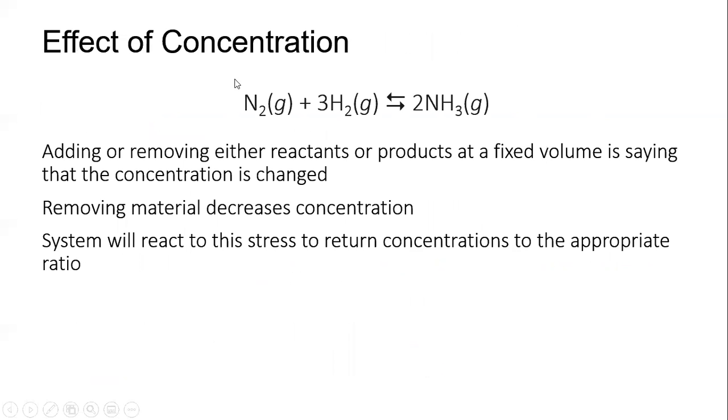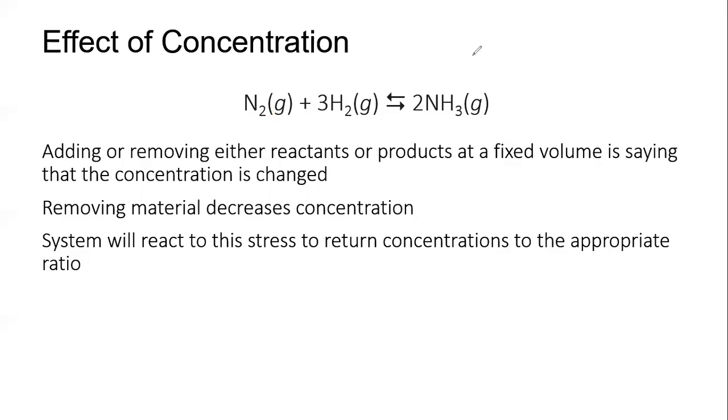Now if we remove reactants or products, we're decreasing the concentration of the reactants or products. So whatever side we're removing from, it's going to shift to that side. So for example, if we remove N2, which is a reactant, say we remove the concentration of N2. Since we're removing a reactant, it's going to shift to the left to make more reactant until equilibrium is reestablished.